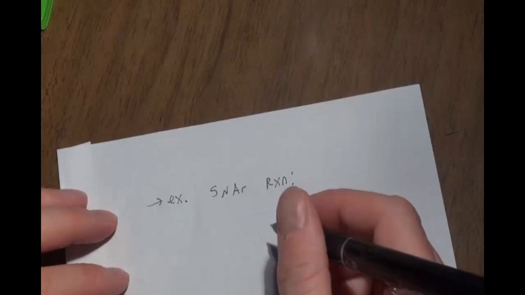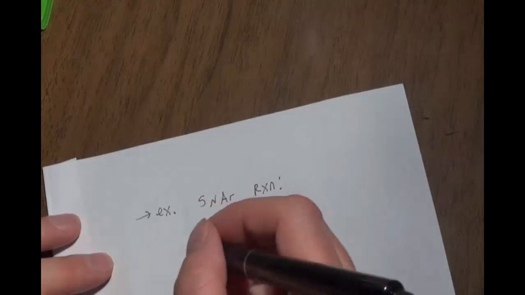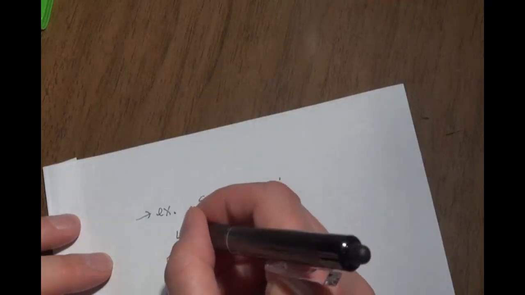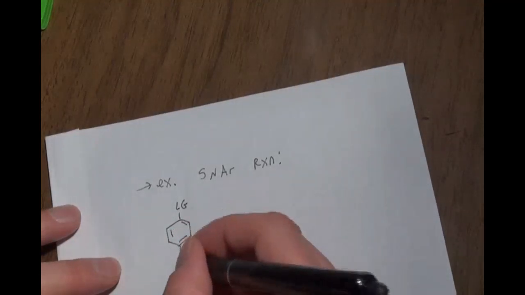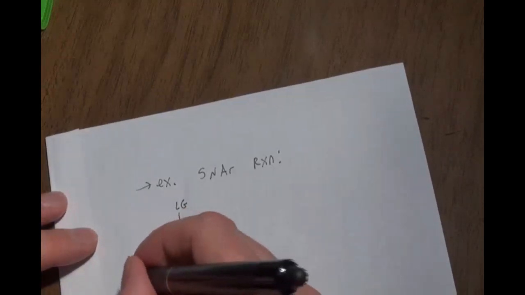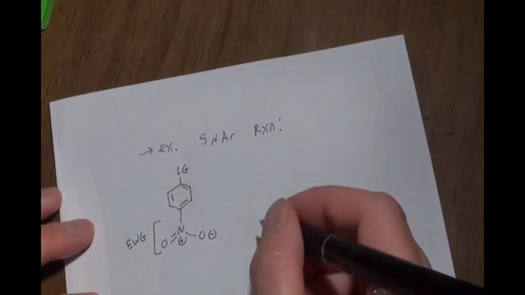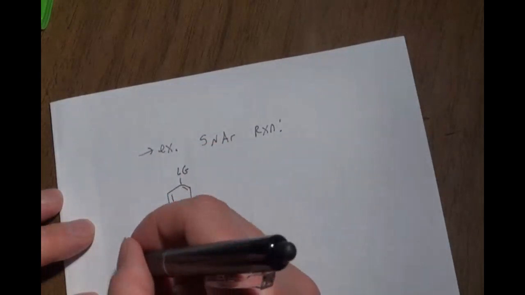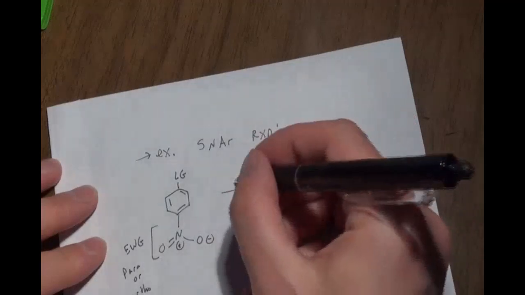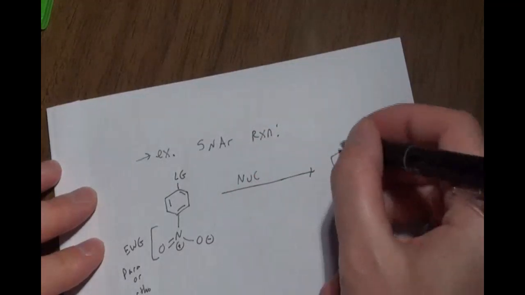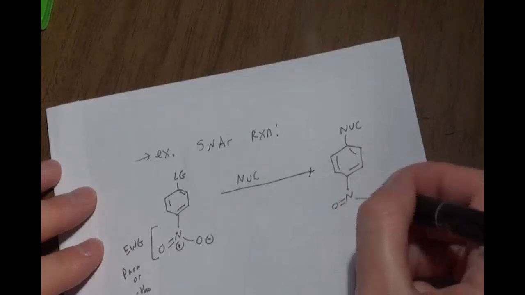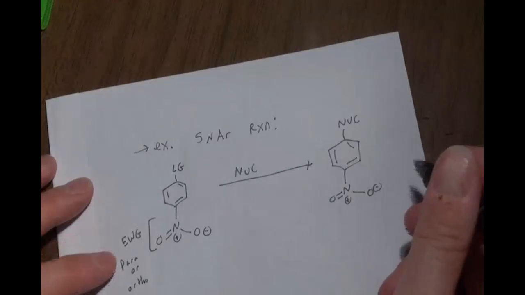A simple example of an SNAr reaction is that if you have a leaving group on a benzene and you have a strong electron withdrawing group, EWG, maybe at the para position, or ortho position, so this is para, but para or ortho, and you treat this with a nucleophile, then you turn the leaving group into a nucleophile.